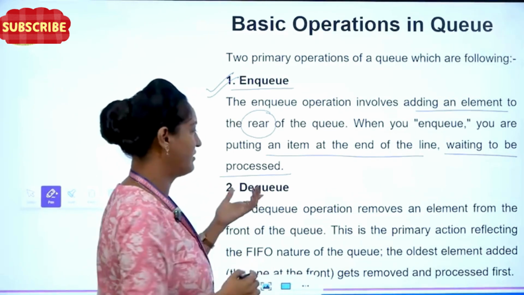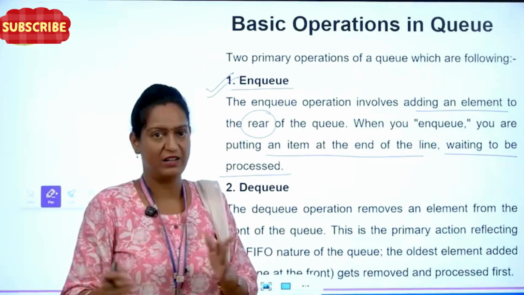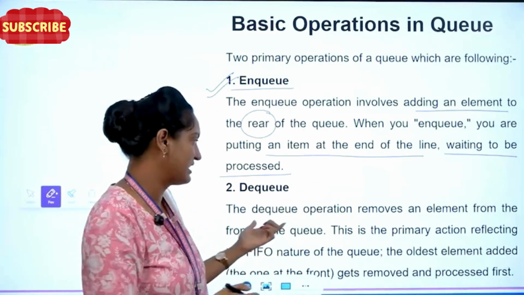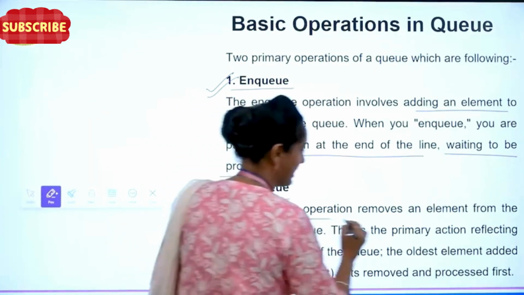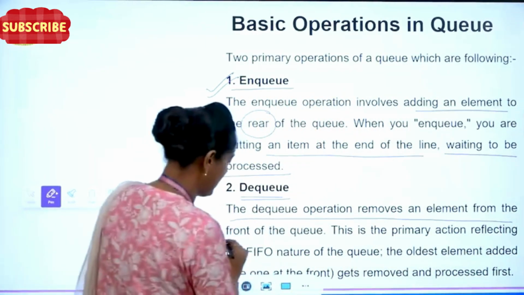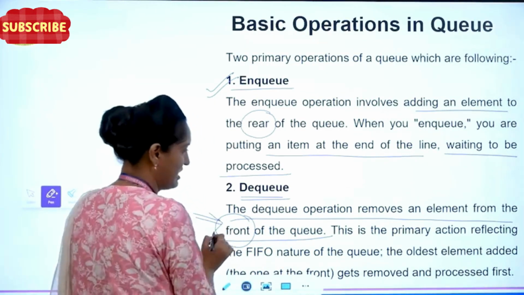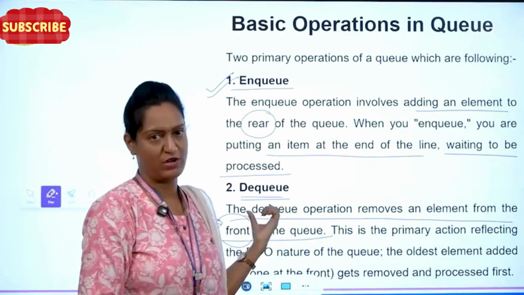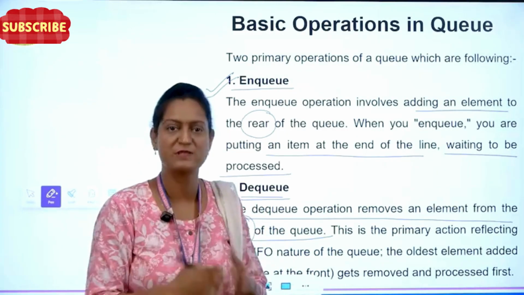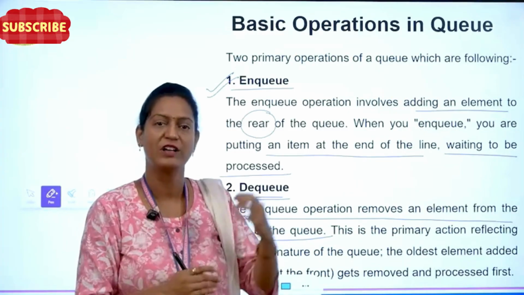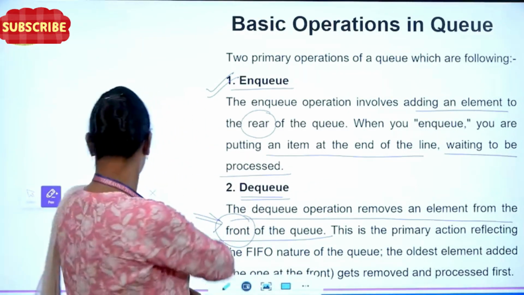And another one, when I want to remove an element from the front, we are using that function. That function is known as Dequeue. Dequeue operation removes an element from the front of the queue. So this is very important. Why are we removing an element from the front of the queue? Because my queue is working on FIFO, first in, first out.